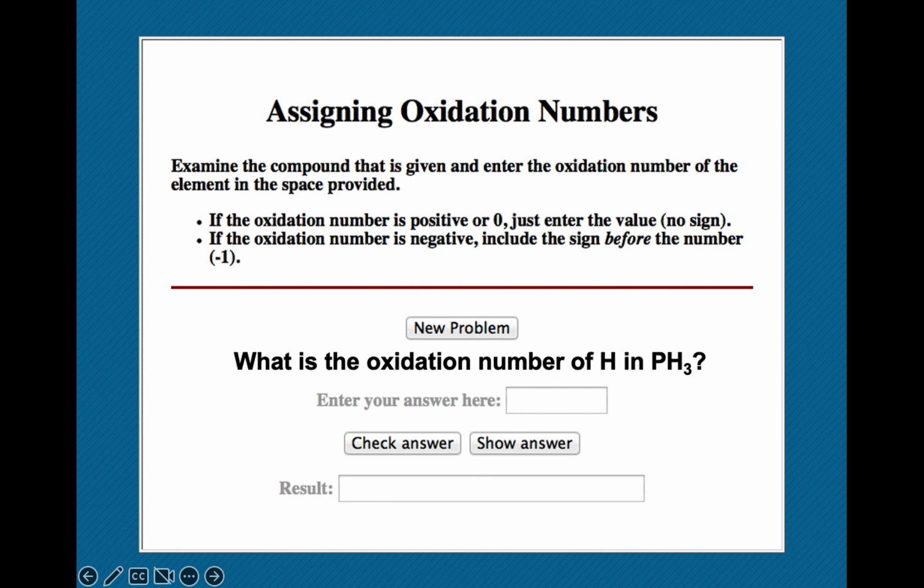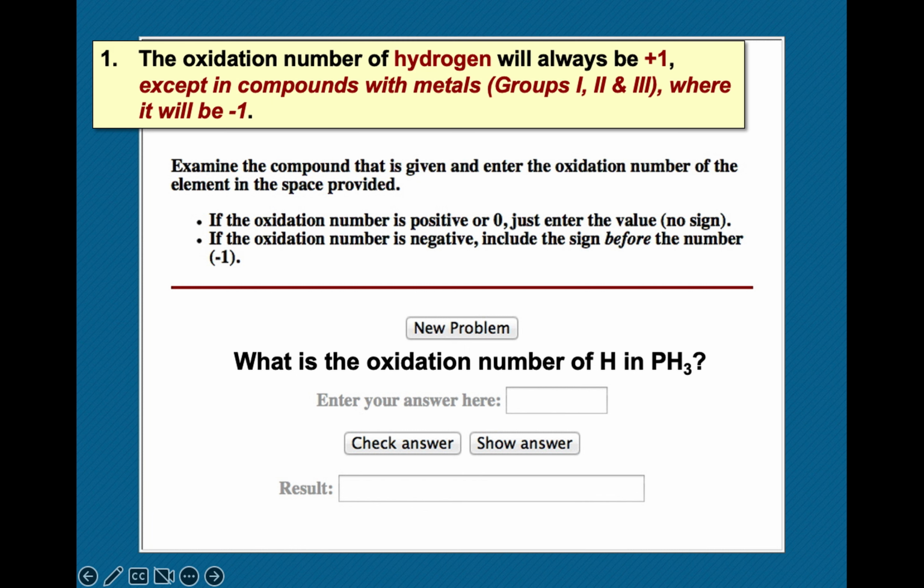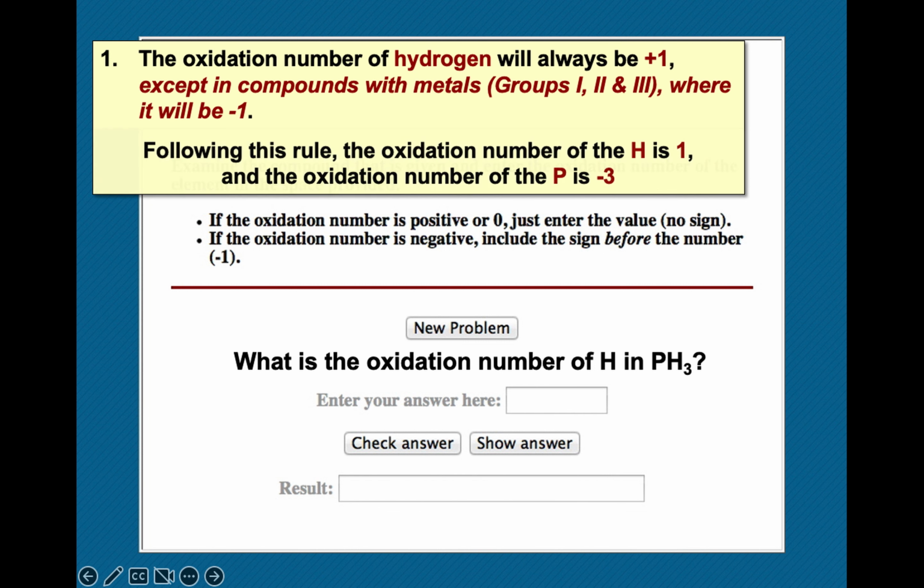That means the phosphorus must be -3. It's -1, the phosphorus is, I'm sorry, that should be a plus. Sorry. No, that should be, yeah, there it is. +1 and -3.